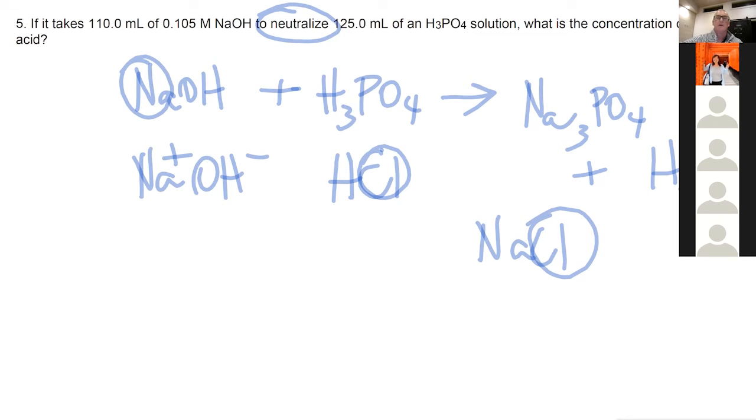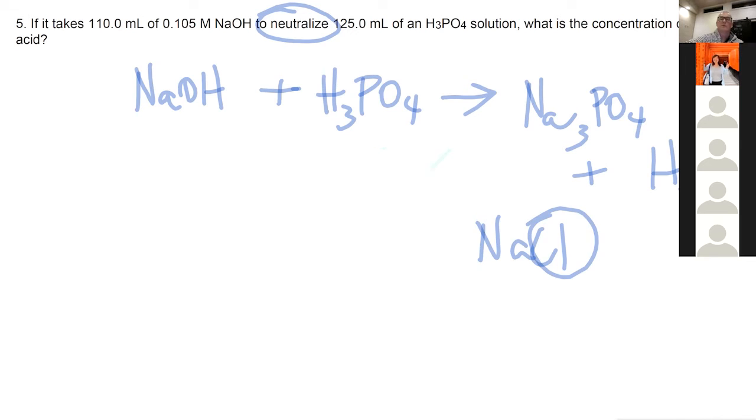another problem. All right, so what's the next step we do with this particular equation? Balancing the equation. Right, we need to balance it. So how are we going to do that?